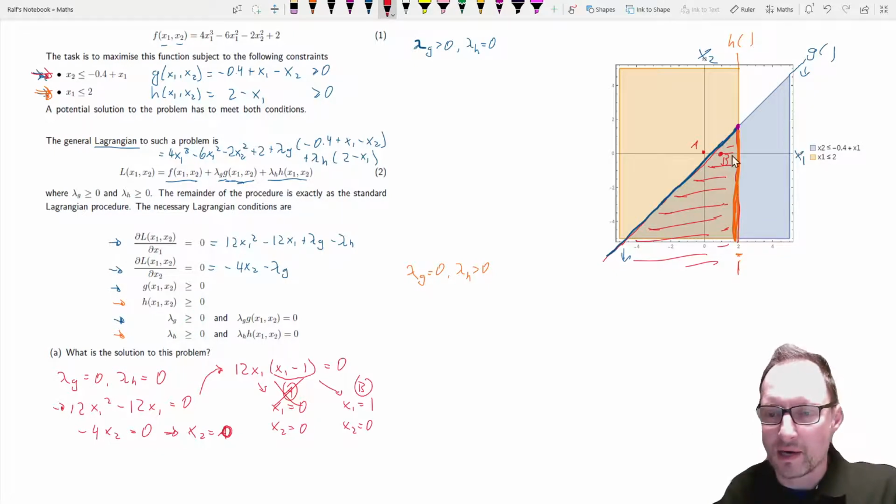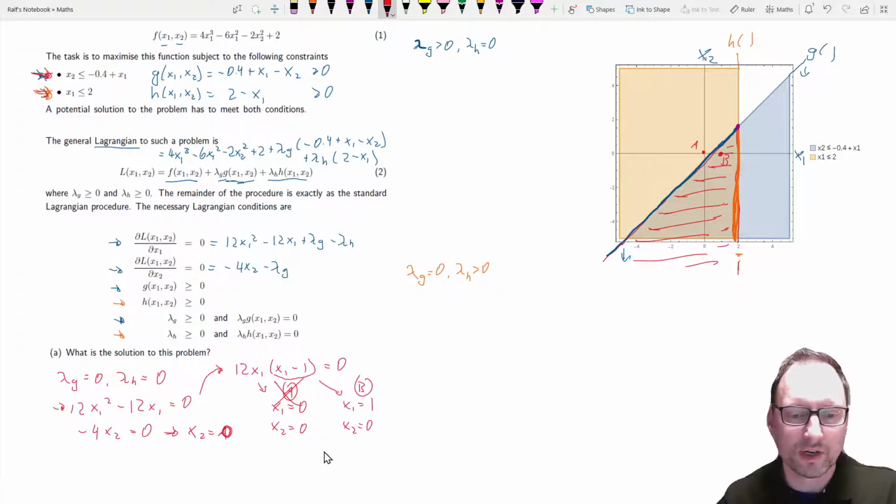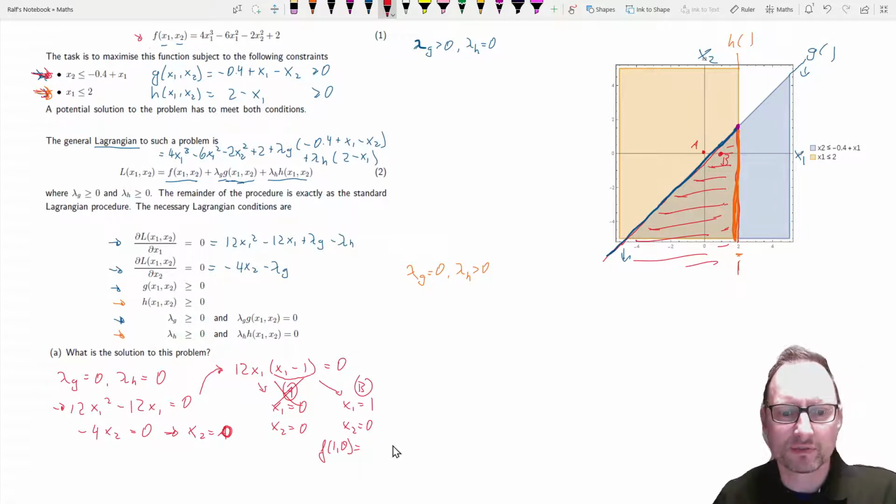It's in the allowed area, and you could plug 1 and 0 into both constraint functions and confirm that they are both larger than 0. So we're continuing to work with this value. Let's find the function value at that point, f(1, 0). If you plug this into the original function, you will find that the function value here is 0.